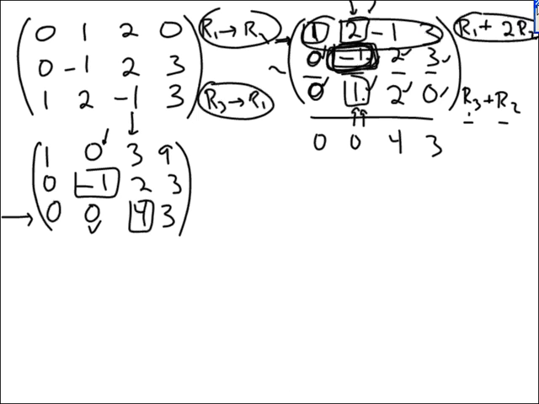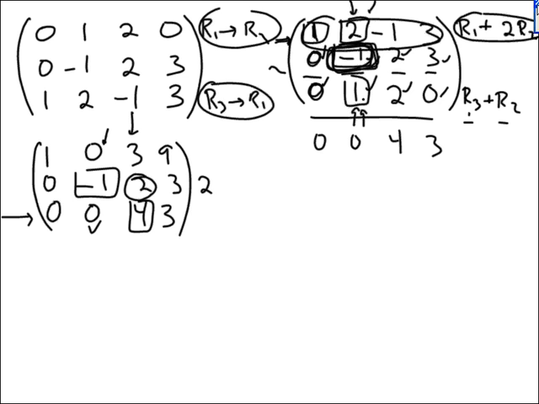I want to get what's above the 4, namely the 3 and the 2, to become 0. Let's deal with the 2 first. We're going to use row 3 to do this.